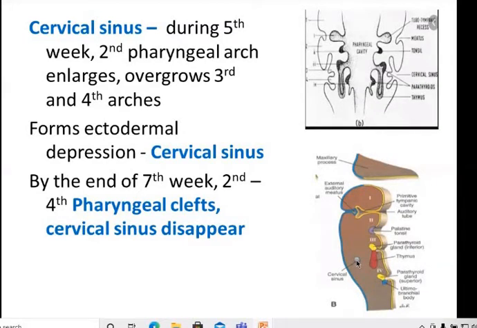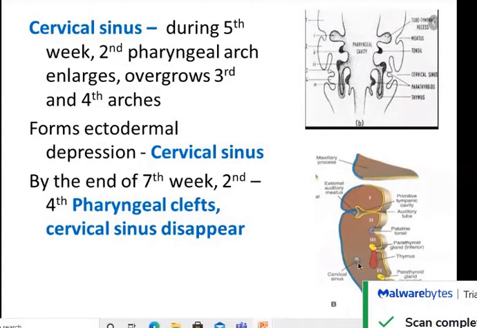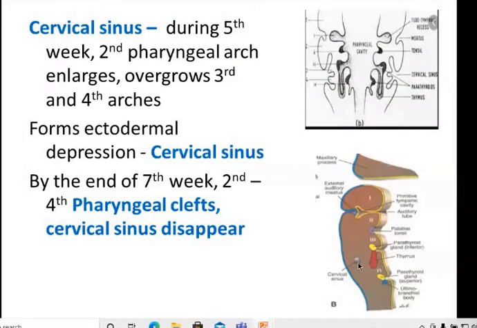And by the end of the 7th week, the second, third, and fourth arches, you can see here, this is the first, second, third, as well as the fourth. By the end of the 7th week, the second to the fourth pharyngeal clefts, as well as the cervical sinus, disappear.